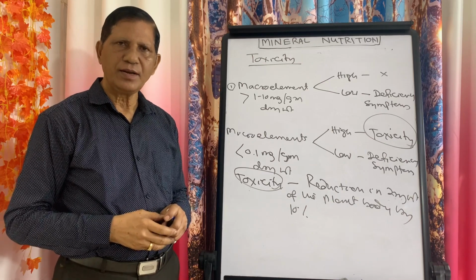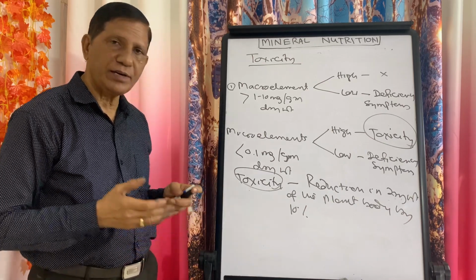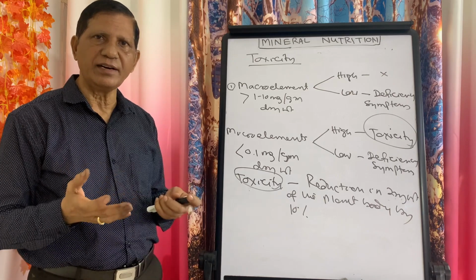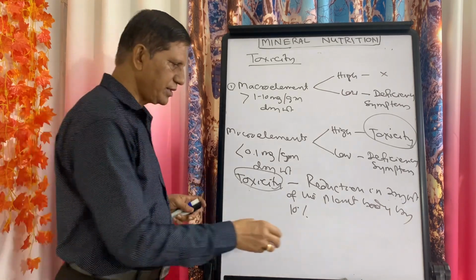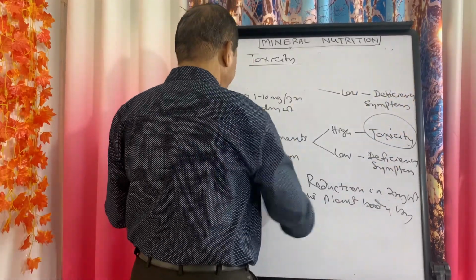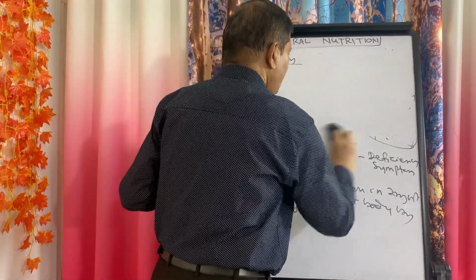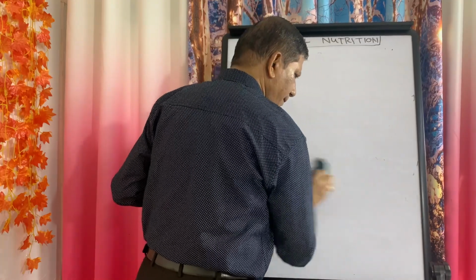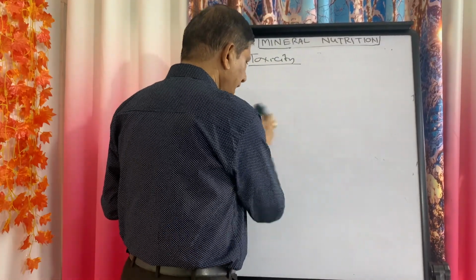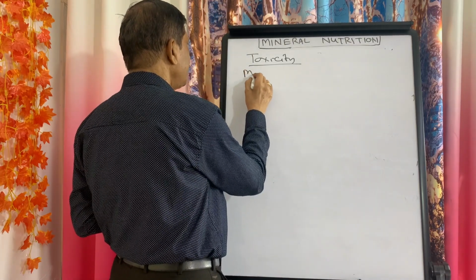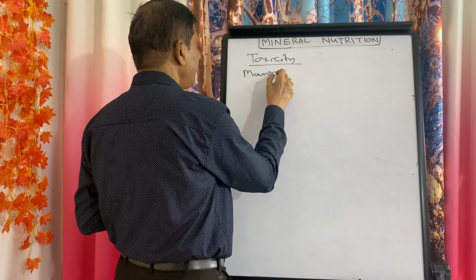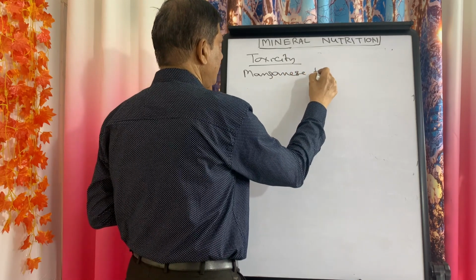Let us give some examples of how it becomes very difficult to know. Let us take the case of manganese toxicity.